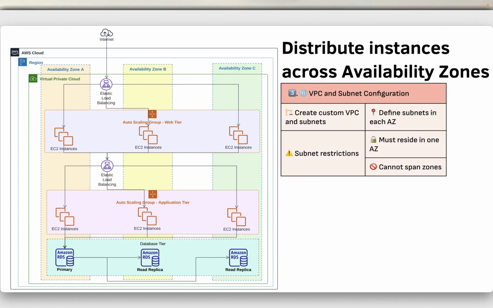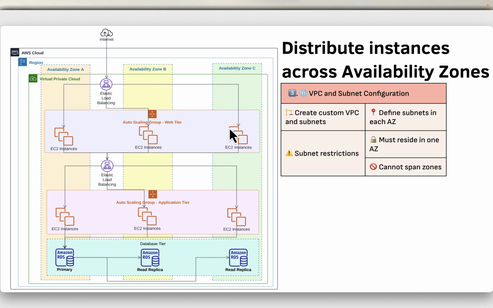When creating a custom VPC and subnets, you can define one or more subnets in each availability zone. However, each subnet must reside entirely within one AZ and cannot span multiple availability zones. So this is one subnet, one subnet, one subnet. It cannot expand to another. This one subnet is part of one AZ, and here you have one more tier, which is also part of a separate AZ.